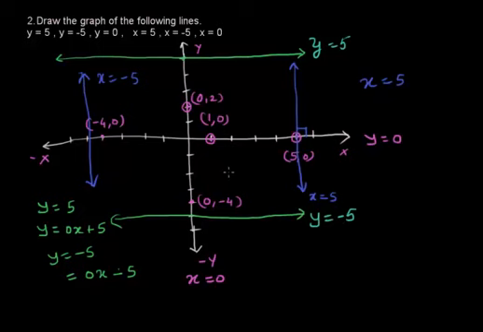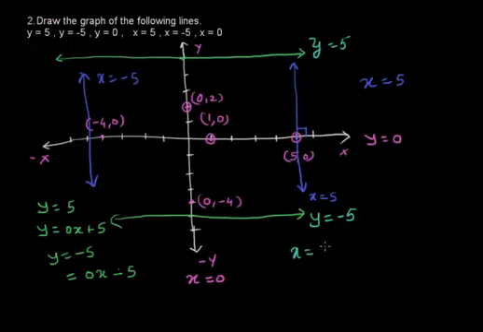So lines which are parallel to the x-axis are represented in terms of y, and the slope is 0 for them. The lines which are parallel to the y-axis are represented as x equals a constant, and their slopes are infinite. The angle made with the x-axis is 90 degrees in that case.